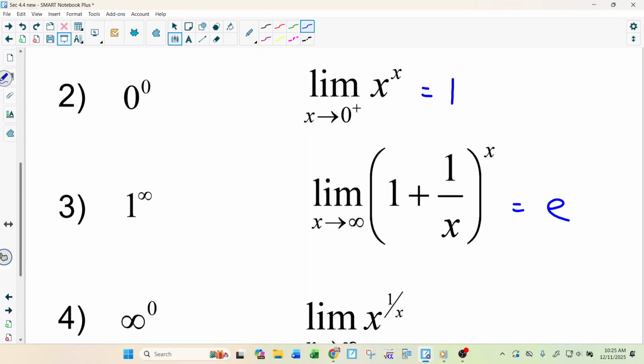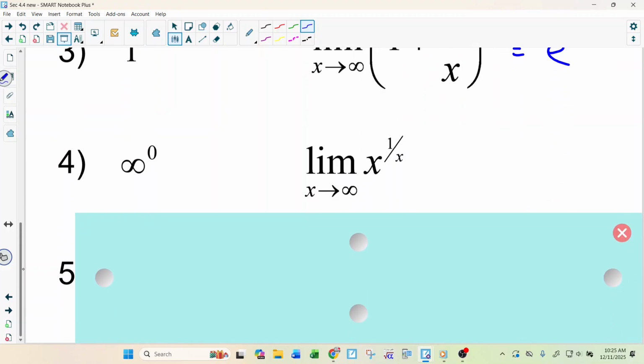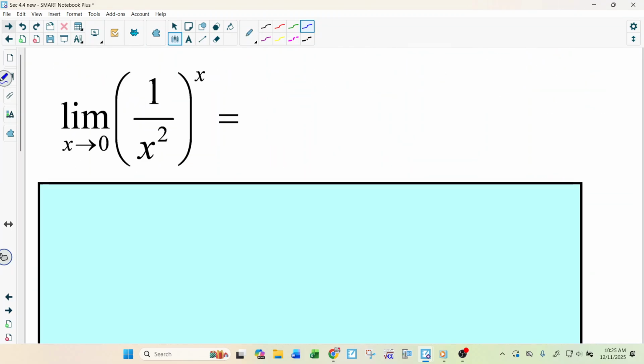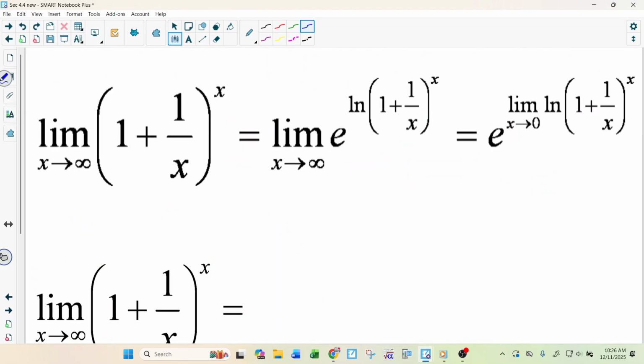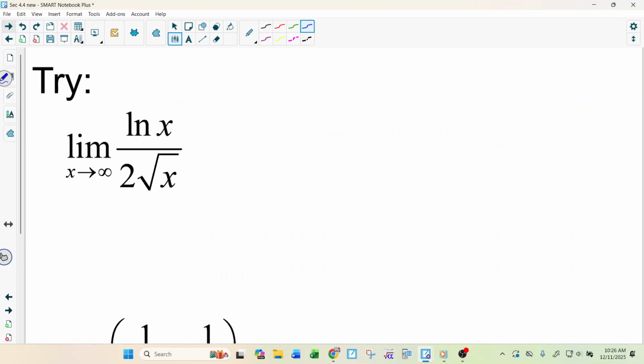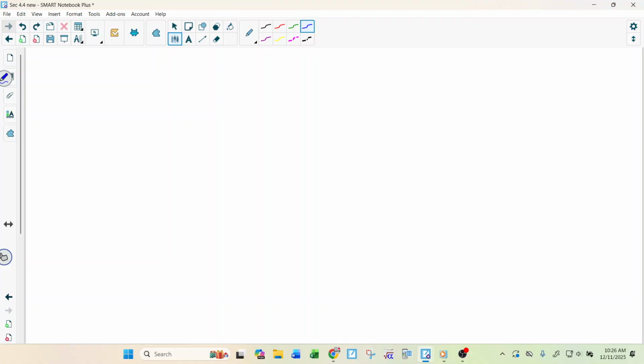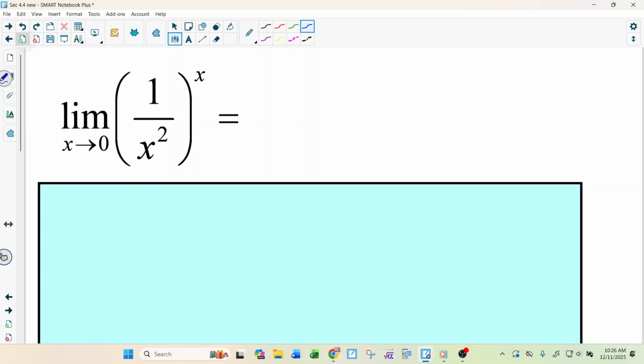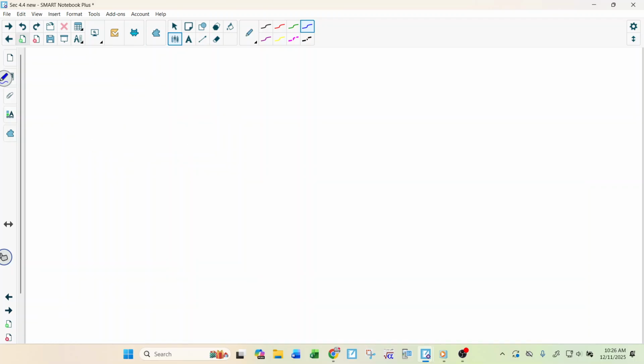It's not on your notes. So we're going to skip the one that is this one here. Flip it over to the back of your notes. I'm not going to do that one. Let's do this x to the 1 over x.